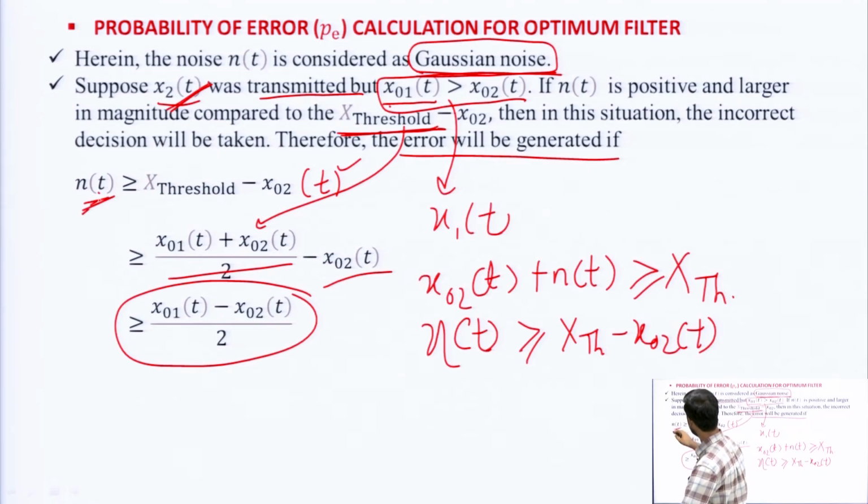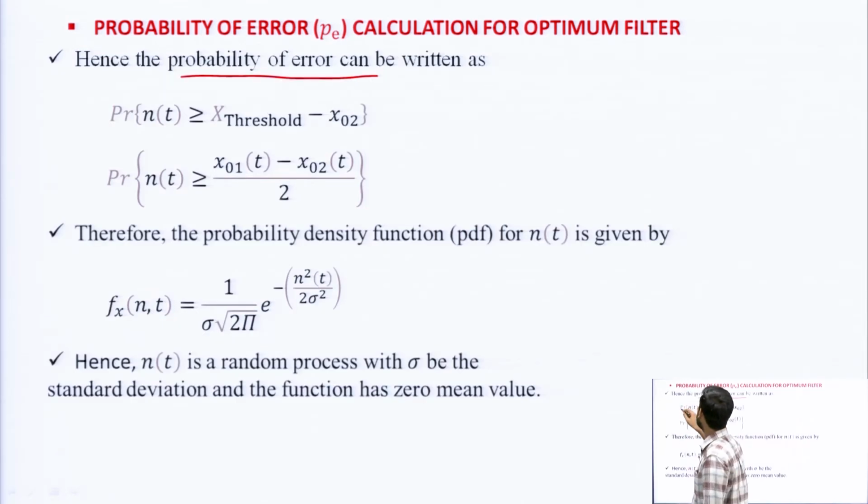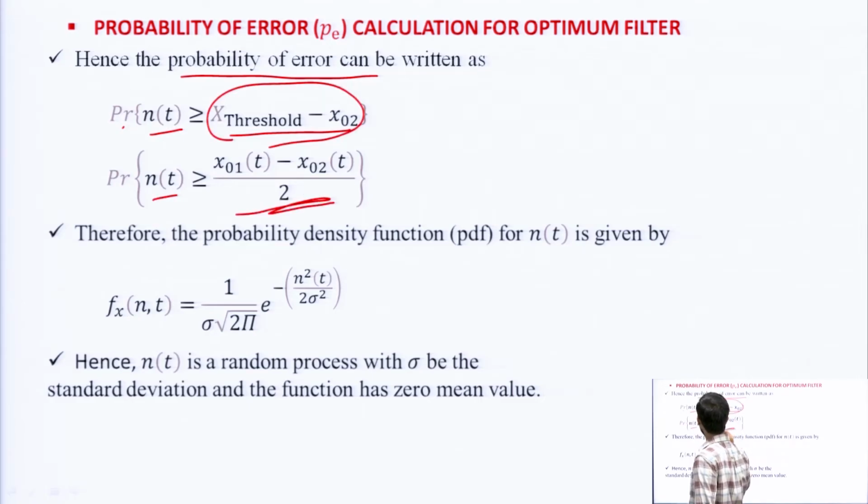Probability of error is this region. Now, in the probabilistic approach, we can proceed with the probability of noise greater than x threshold minus x naught 2 of t, that is, the probability of n(t) greater than or equal to x naught 1 of t minus x naught 2 of t divided by 2. First, we consider the probability density of noise.